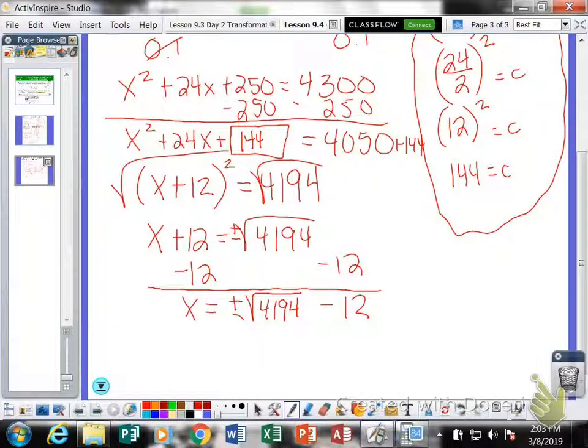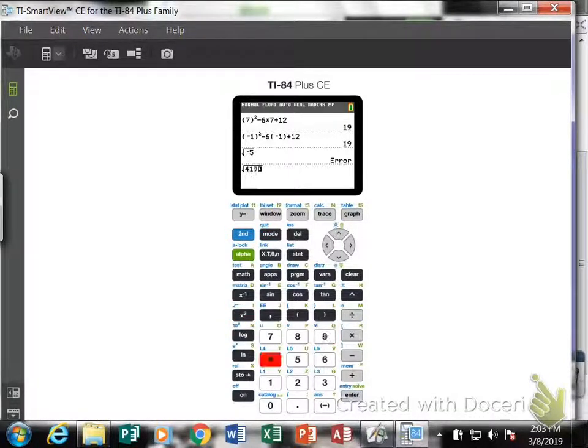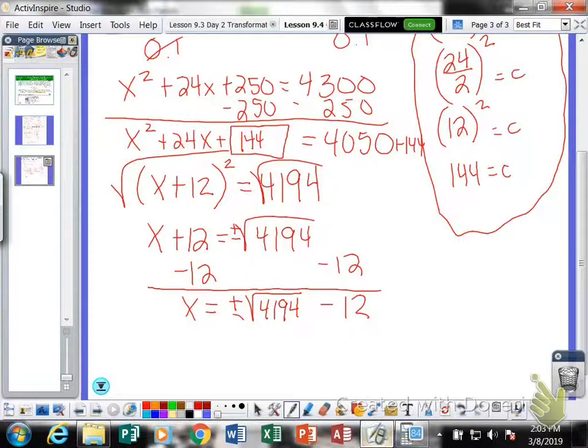So I go to my calculator and type in, for the positive root, the square root of 4,194. I want to make sure I arrow out of the square root, then minus 12. Make sure there's no square root over the minus 12. Then hit enter, and I get 52.76. So x is approximately 52.76.